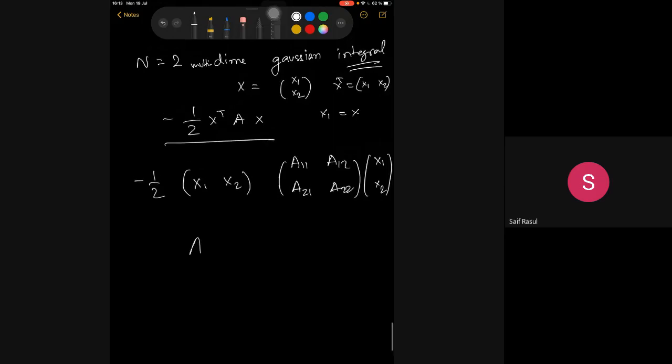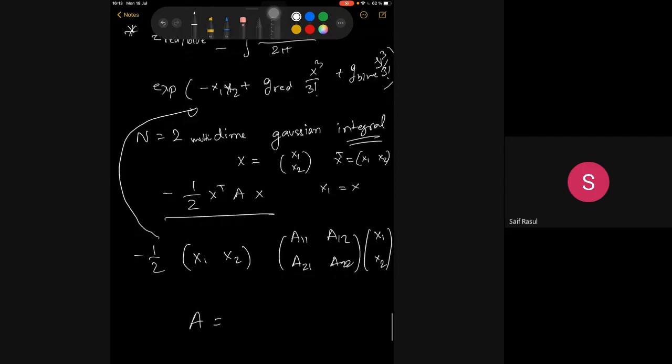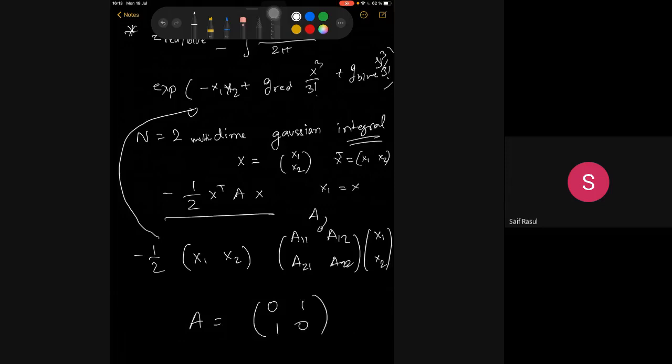To get this, can someone say how I need to fix my A's? Do we have a square term? No. So this is my A matrix: A should be 0, 1, 1, 0.